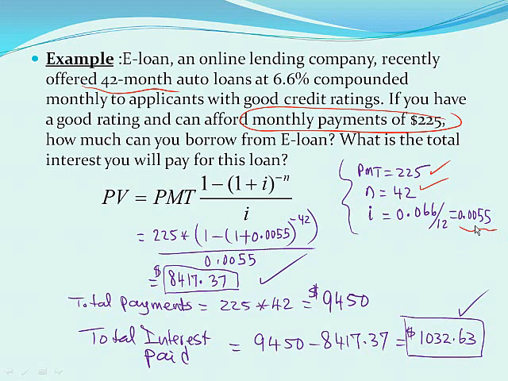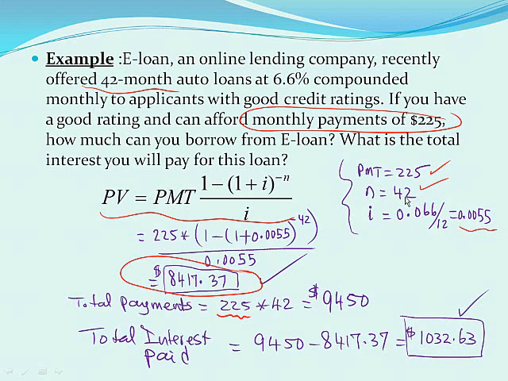We are asking how much you can borrow now, which is the present value. So use the present value formula here. Substituting the numbers, we will get $8,417.37. This is the amount that we can borrow. To answer the second part of the question, we need to calculate the total payments made. Remember that 225 is the monthly payment.